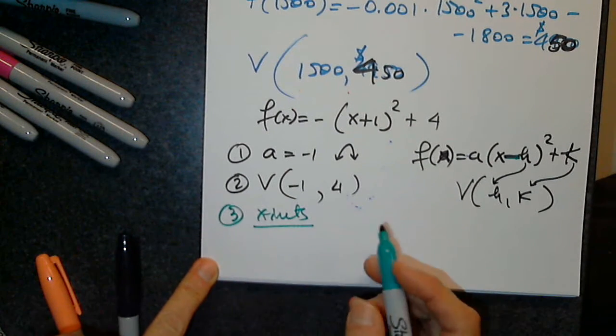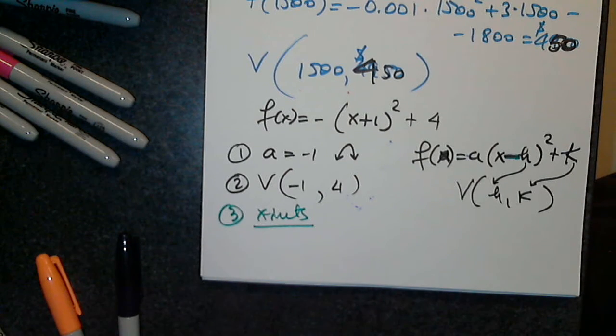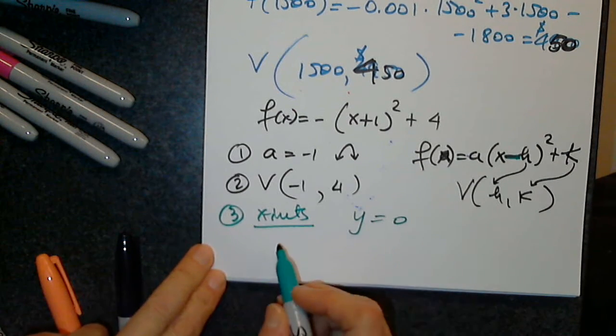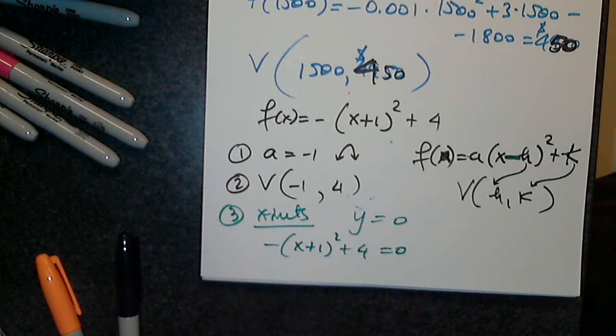So the x-intercepts exist. How do I find them again? What do I have to set? Set y to 0. Very good. I have to set y equal to 0, which is negative x plus 1 squared plus 4 equals 0. How do I proceed?